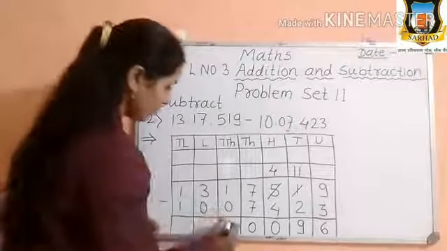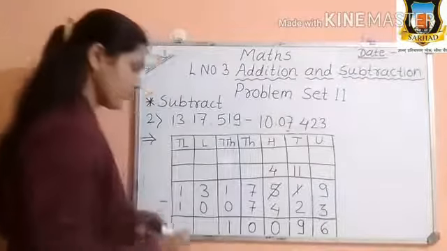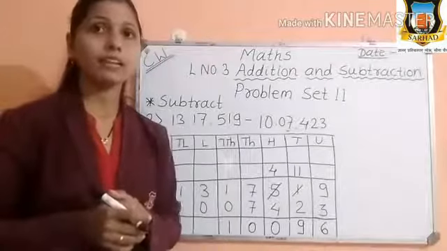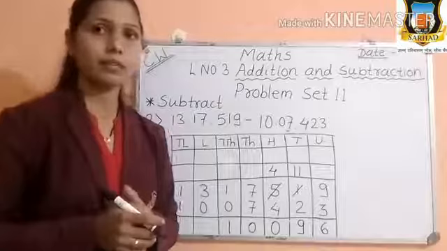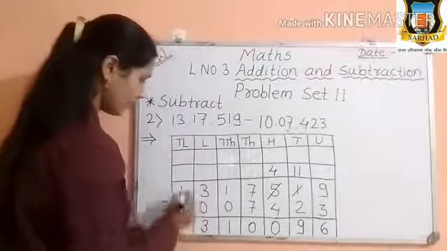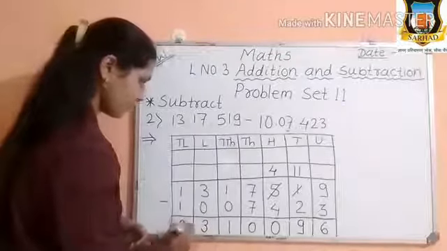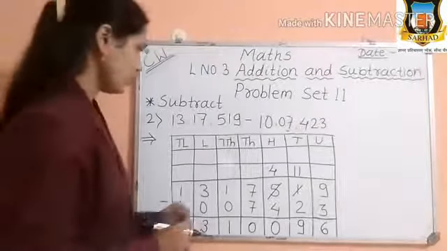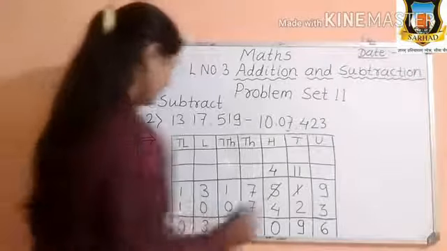Here will come 1, because if you subtract 0 from any number, then we get the same number. And 3 minus 0, 3, and 1 minus 1, 0. Yes.